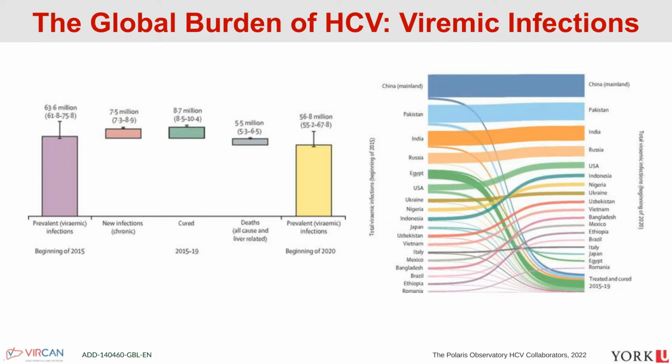So if a country had a prevalence of 1.9 positivity for viremic infections, it's now 1.8. And I'm going to go into some of the reasons why in a few moments.